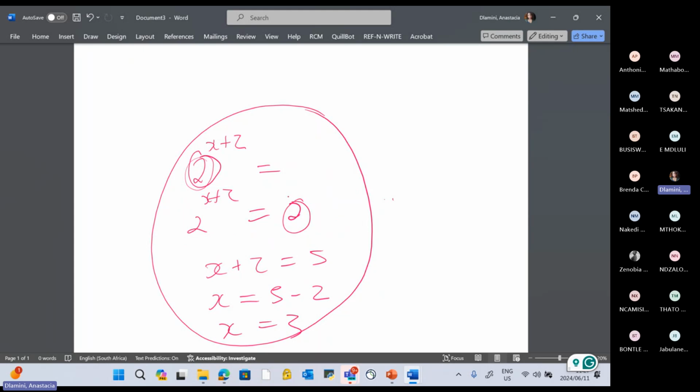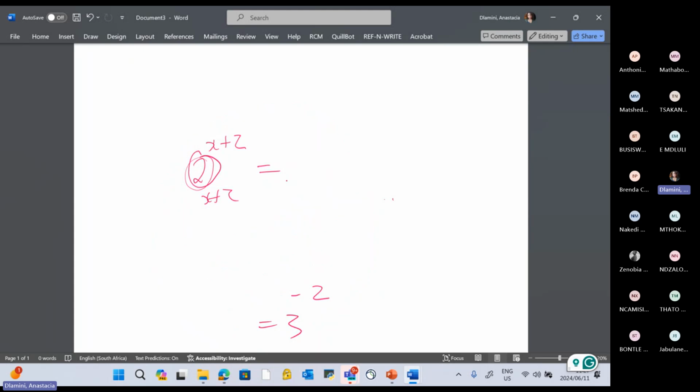Now, when I started trying to explain this, in our problem, for example, we have 2 to the power of x plus 2 is equal to 35. What did you say about this one? You said you can't, because there's no number you can raise 2 to the power of such that you get 35, isn't it?